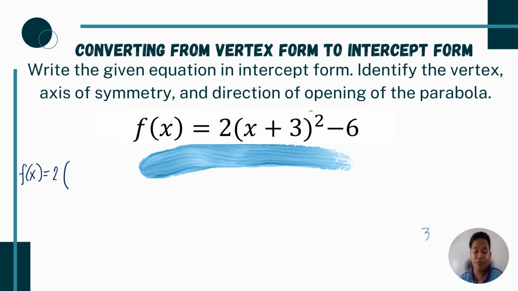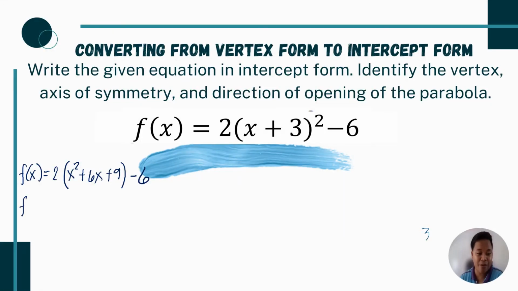Then we have x squared, the square of x. Then multiply x times 3 is 3x times 2, 6x. Times, yung 2 po ay yung ating constant multiplier and we do squaring of binomial. And the third term is the square of 3, which is equal to 9 minus 6 po.